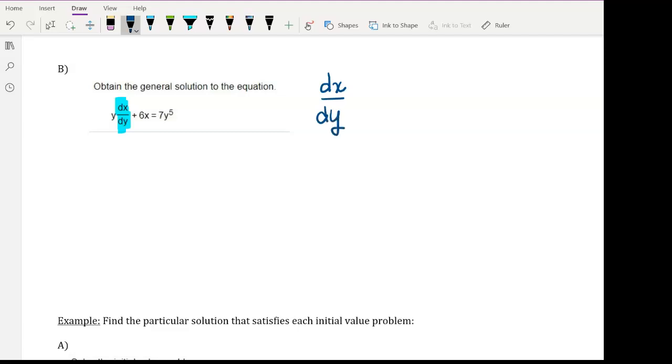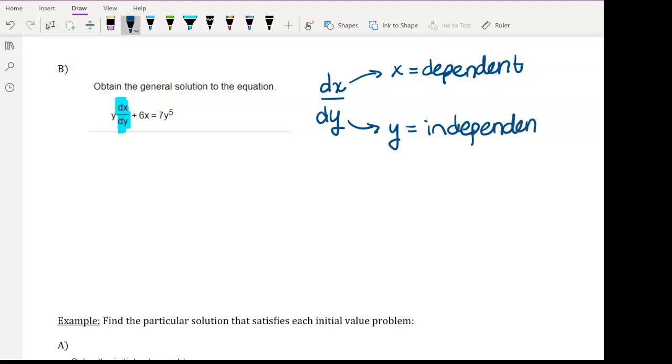That means that in this problem, x is the dependent variable and y is the independent variable. So if you look back at what we said our general form for this equation should be, our x's and our y's are going to be flip-flopped.